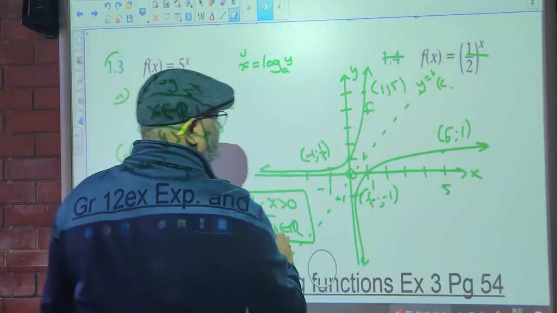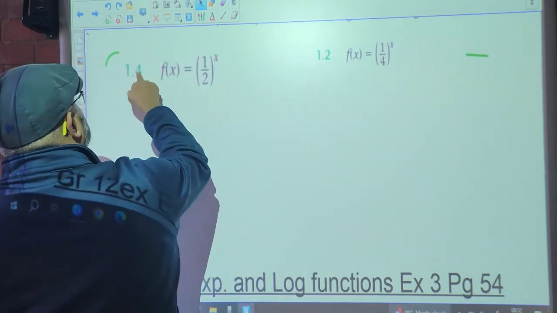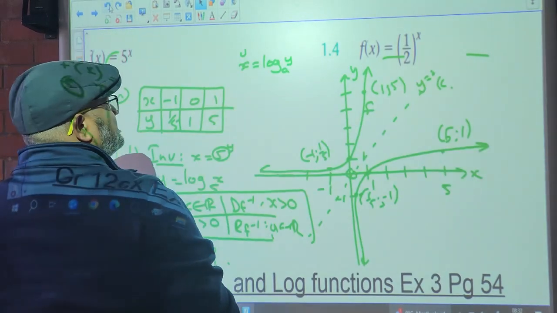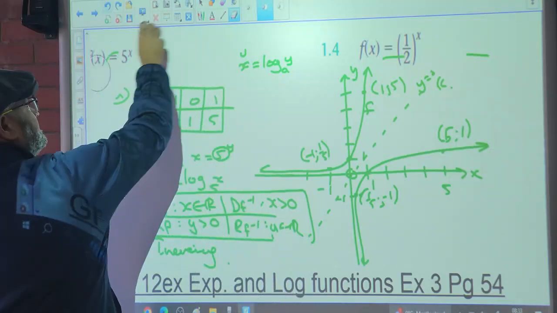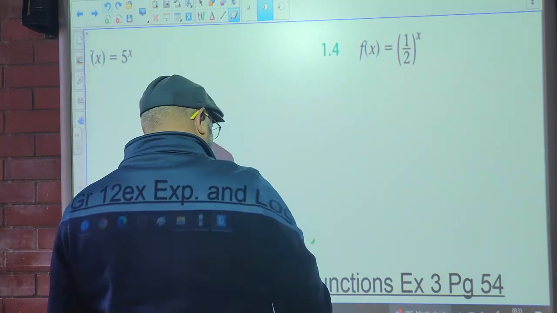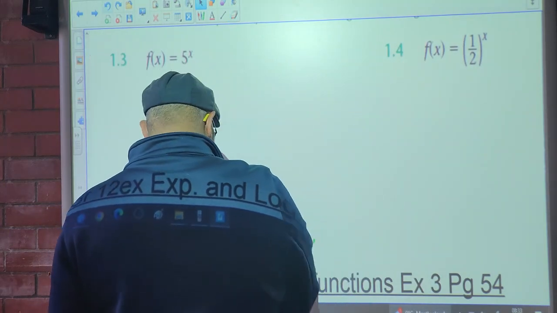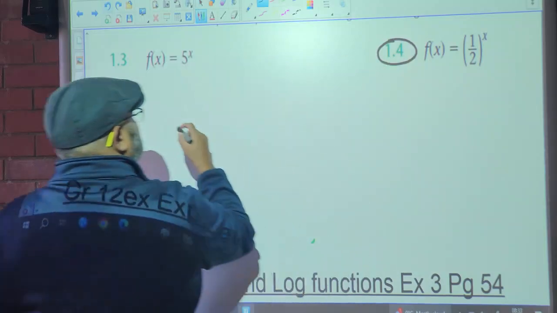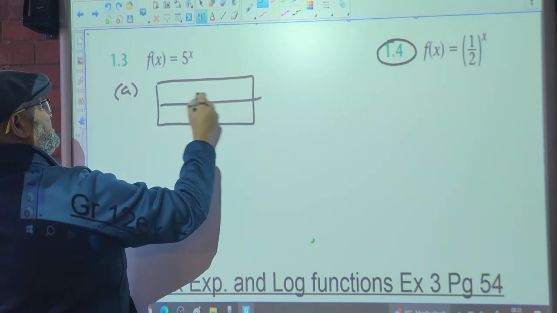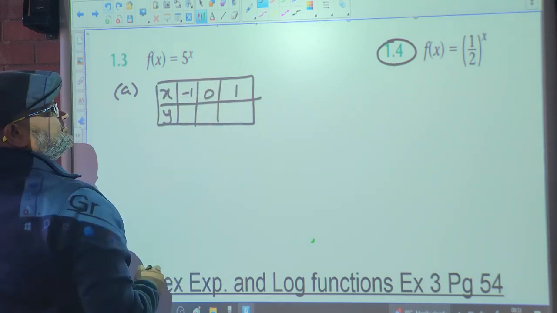So the next one. Look at 1.4. So we start off with drawing the graph. Start to begin with the table. It's an x and a y. Negative 1, 0 and 1.